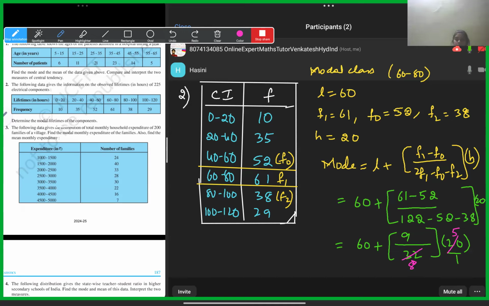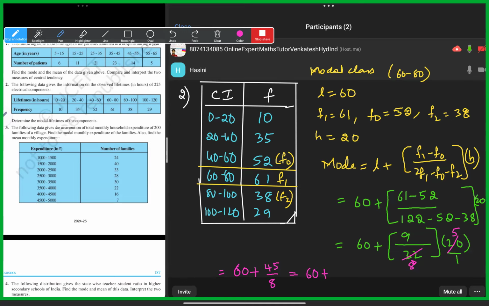Okay, sir. So we'll get 60 plus 9 into 5, how much, Hasni? 45 by 8, sir. So 60 plus 45 by 8. We'll find out in the third decimal, Hasni.